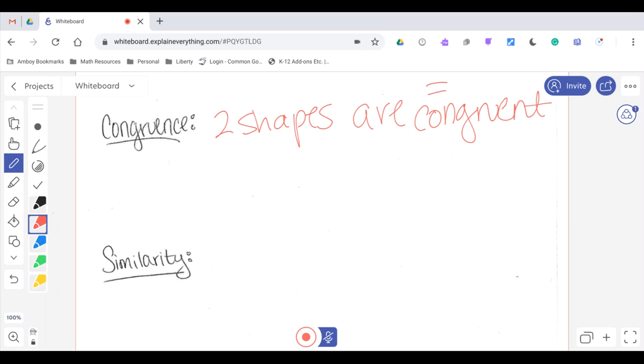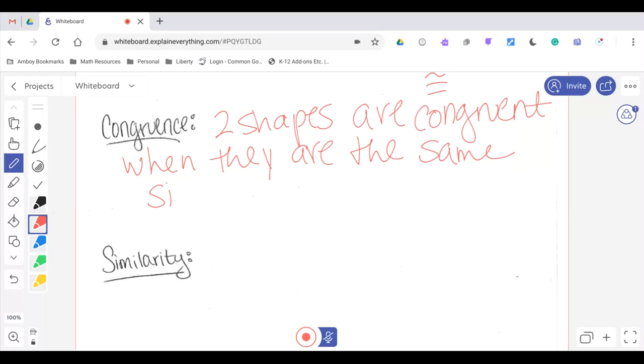It was an equal sign with a little squiggle over it. So two shapes are congruent when they are the same size and shape. Okay, they had to be exactly the same.